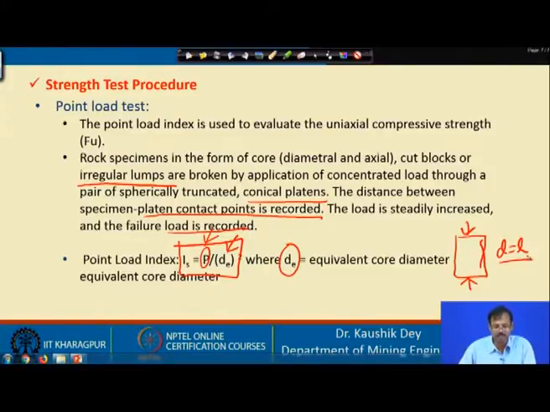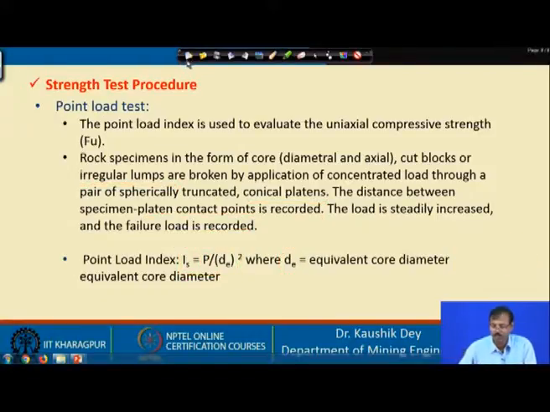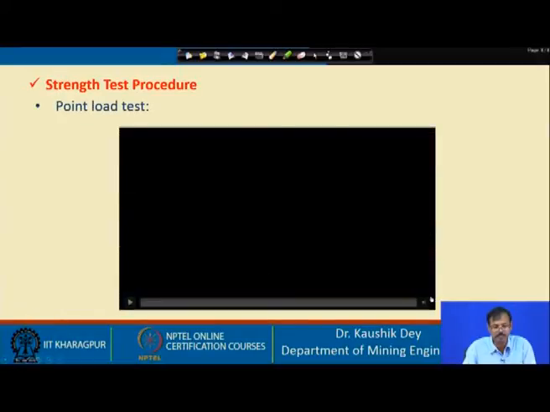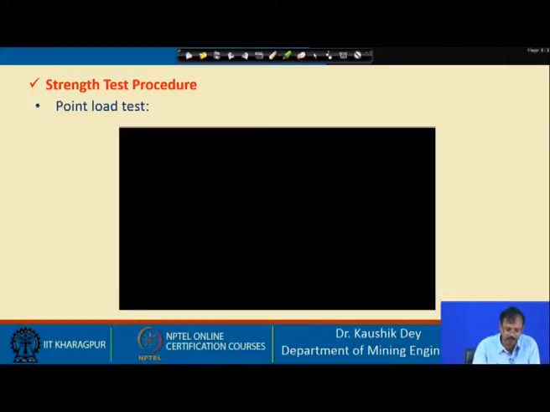That is the standard loading of the point load test, but the point load test can be carried out on irregular samples, because it is very important that the same sample shows different values of strength when loaded in different directions. So, that is why point load testing is very important. Point load index can be directly related with the uniaxial compressive strength. We will discuss that at a later part.